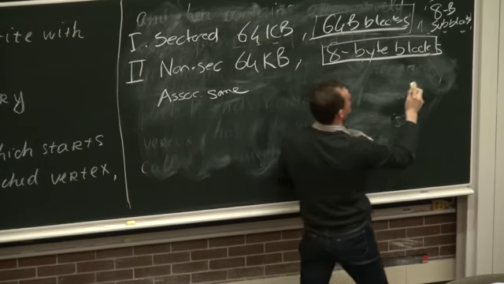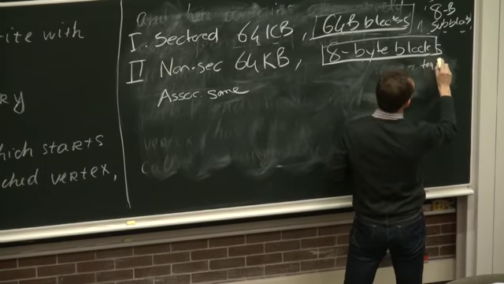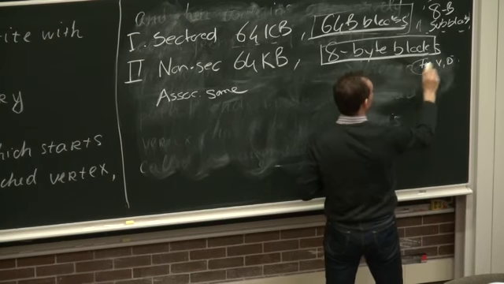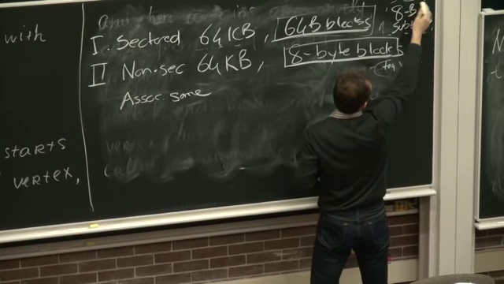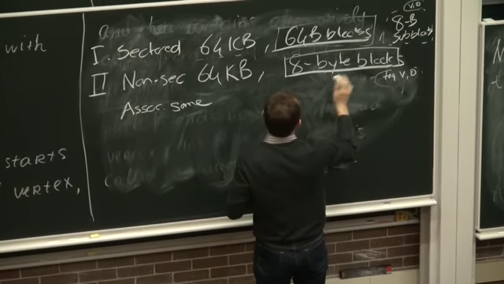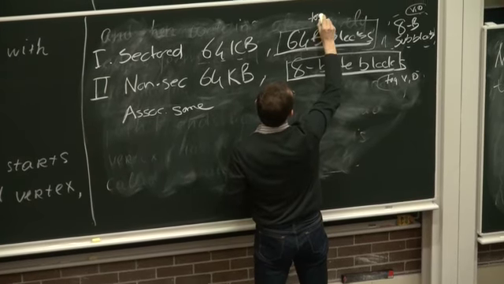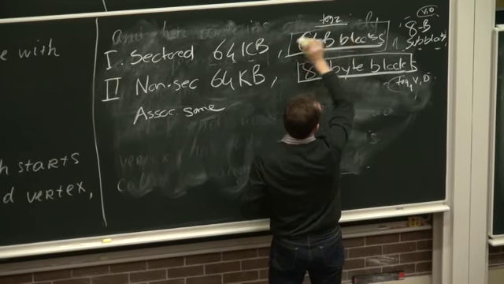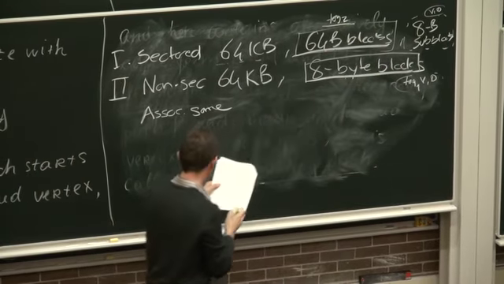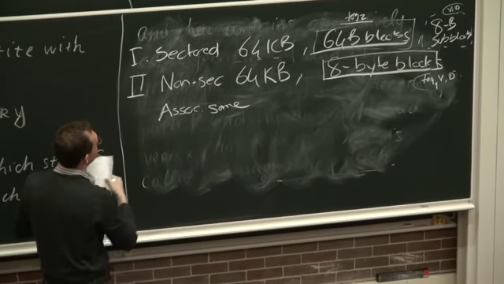And everything else remains the same. You need to have a tag, valid, dirty, for each 8-byte thing. Here, you need to have a valid and dirty for each 8-byte thing, assuming it's write back. You don't need to assume that. But your tag here, tag 2, is much smaller than tag 1, because it identifies a 64-byte thingy, if you will. So that's the definitive advantage of the sectored cache.